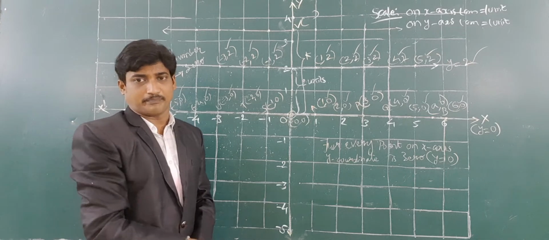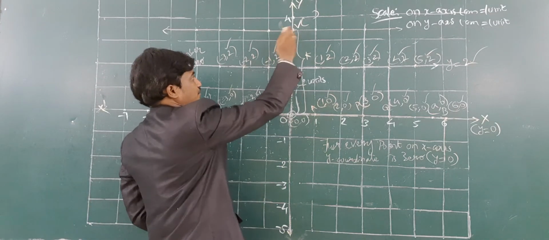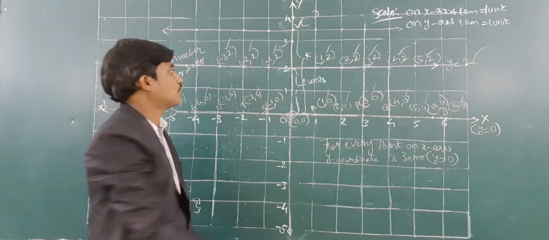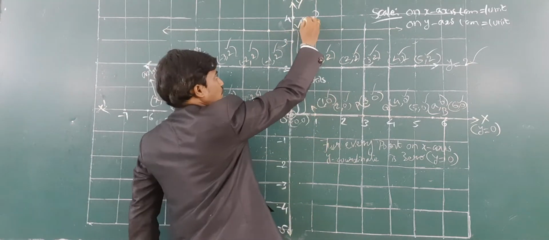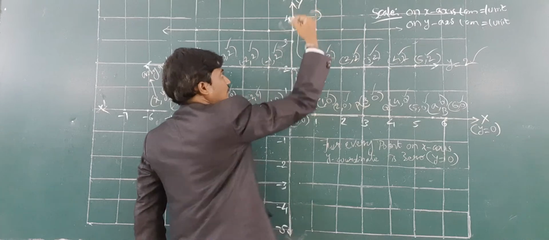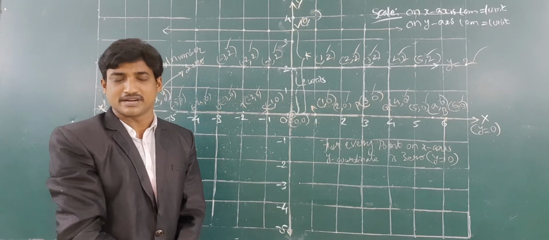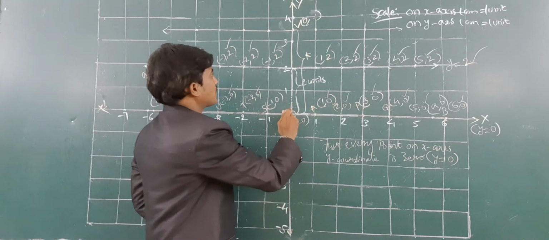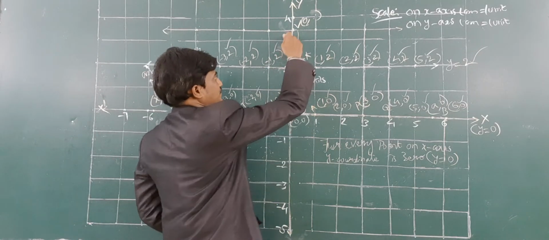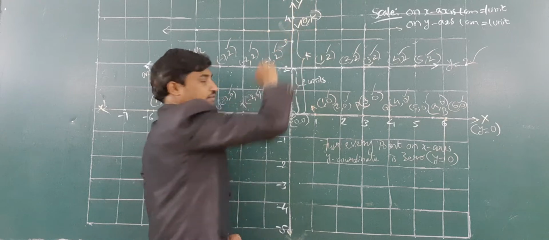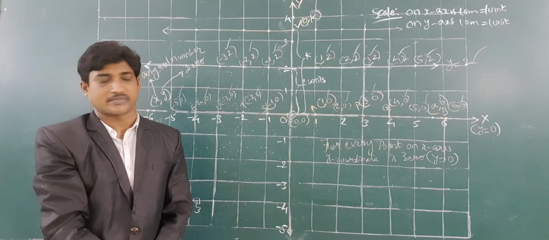The perpendicular distance from the y-axis to a point is called the x-coordinate. The y-axis to the y-axis distance is 0, so the x-coordinate is 0. What is the y-coordinate? The perpendicular distance from the x-axis to a point is called the y-coordinate, so the y-coordinate is the distance, equal to k units. Correct, (0, k).